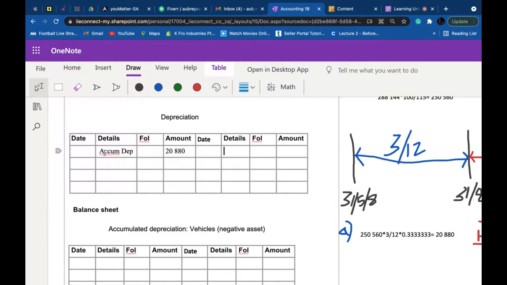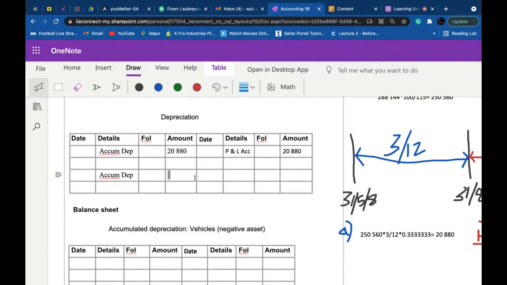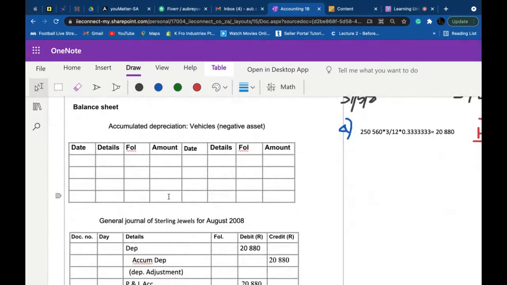Then we know that we closed this off to the profit and loss, and we're done there for 2008. We might as well just do 2009 now. Accumulated depreciation, that was for 76,560. And profit and loss account. Done there.